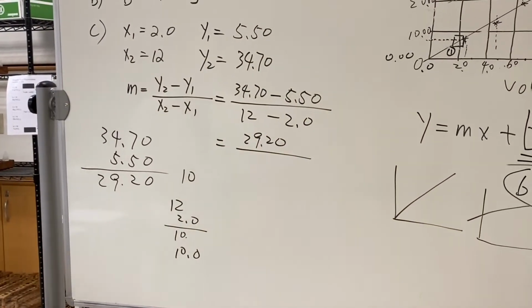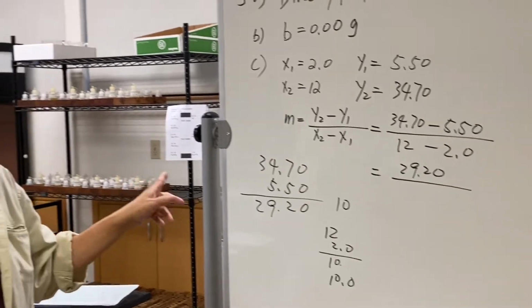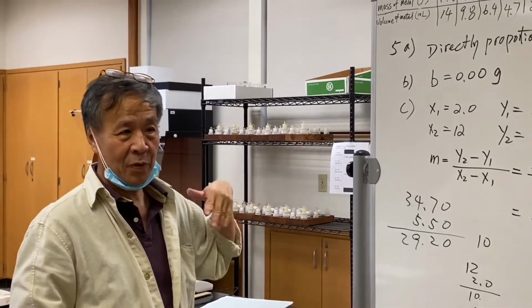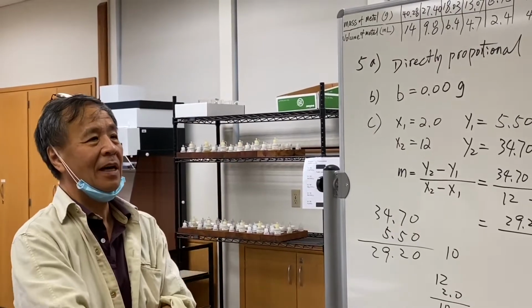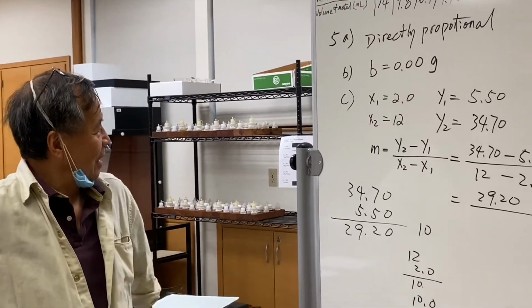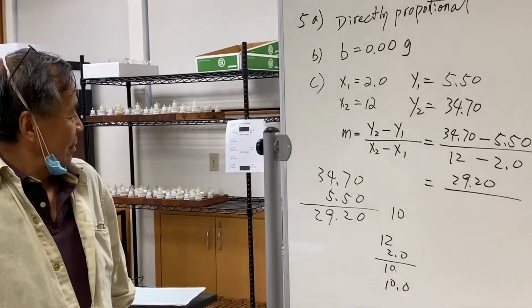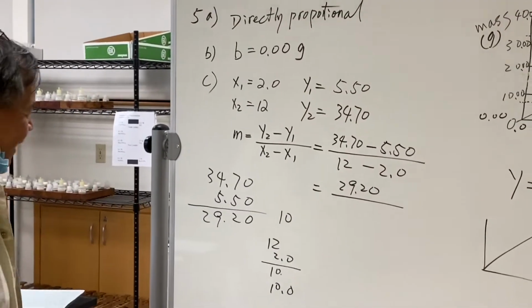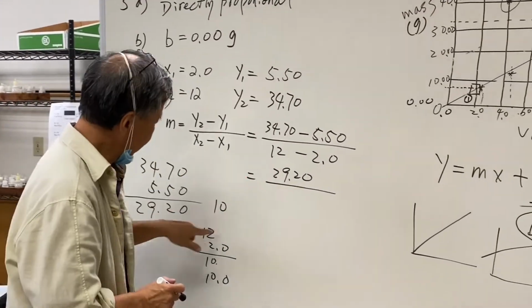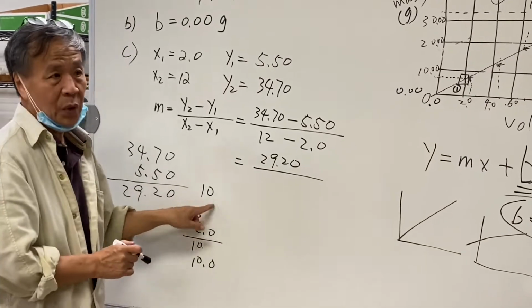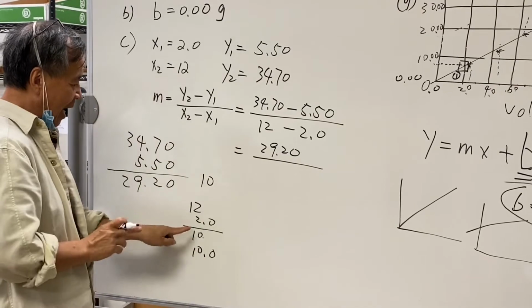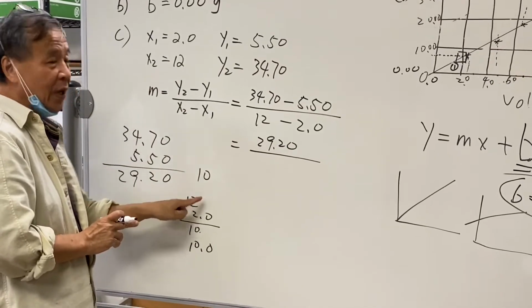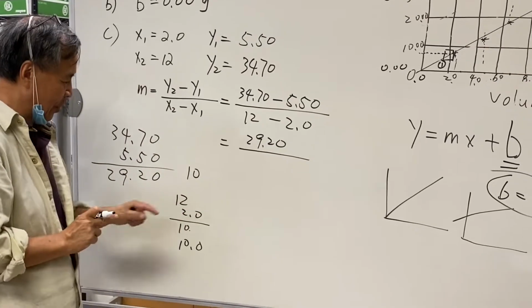Make sure you understand how the operation, sig figs and decimal point work here. Look right here. You have no decimal point. It's a 12. That's it. However, your 2.0 has 1 decimal point.